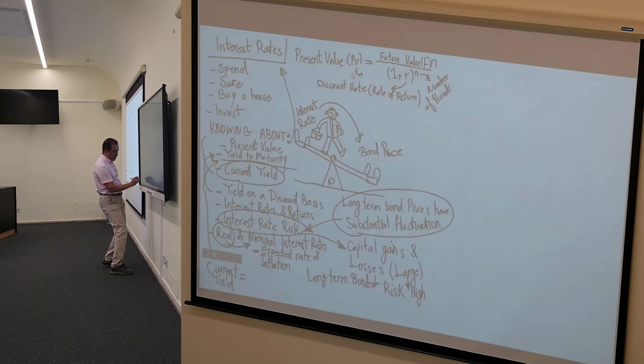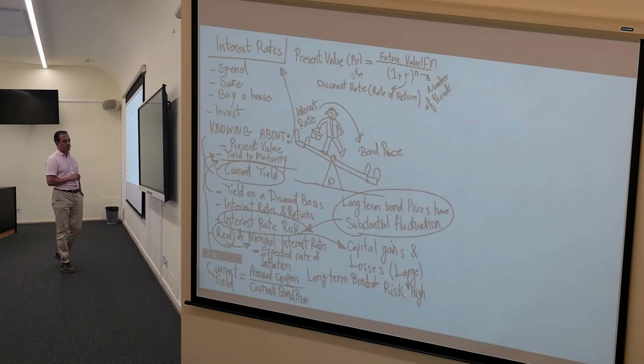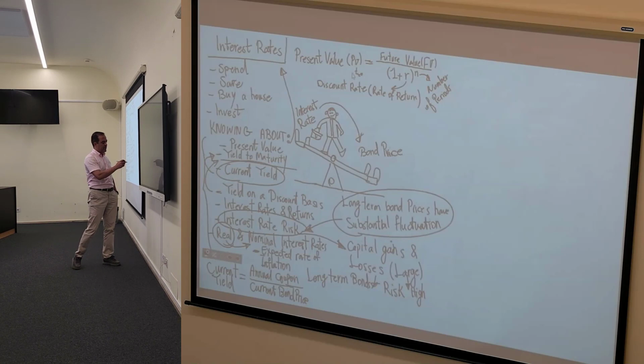It is the annual coupon that we might have for the bond over the current bond price, so the yearly coupon payment divided by the price of the bond, okay?